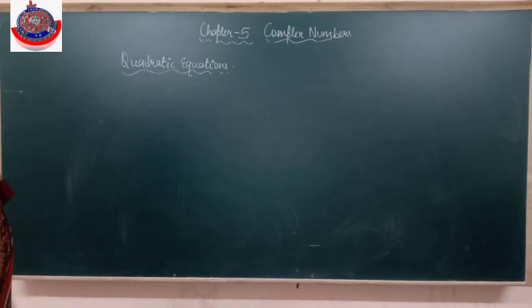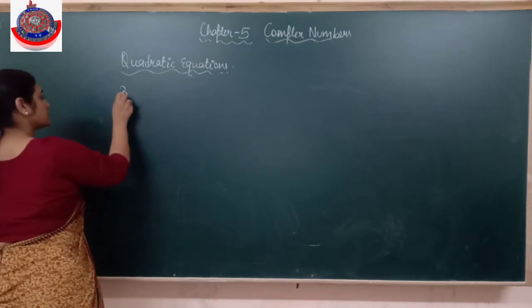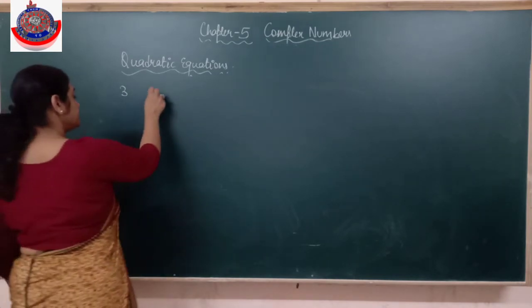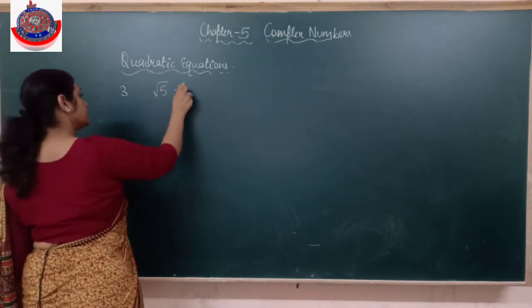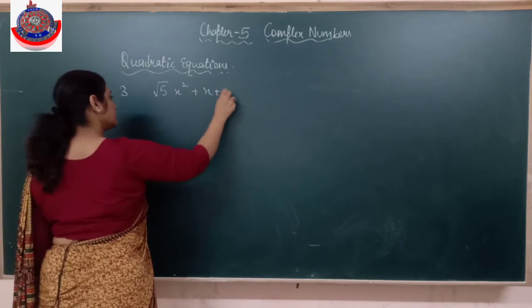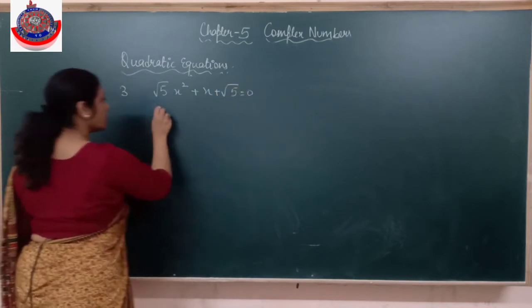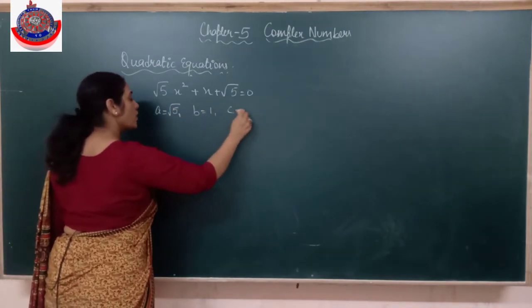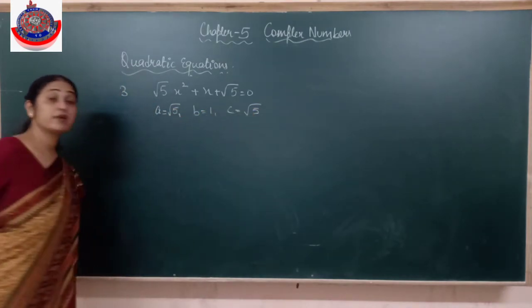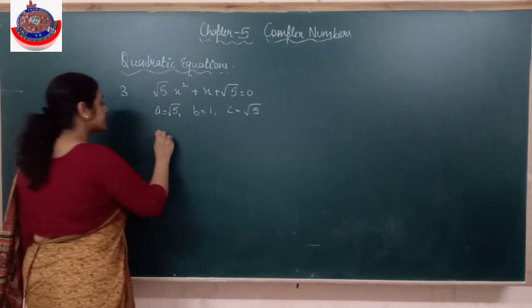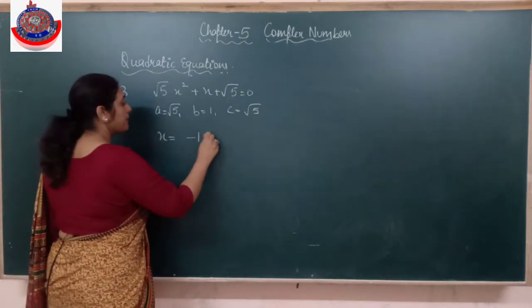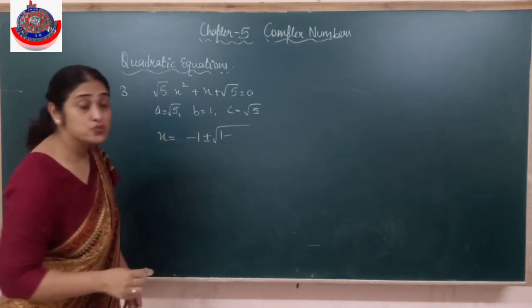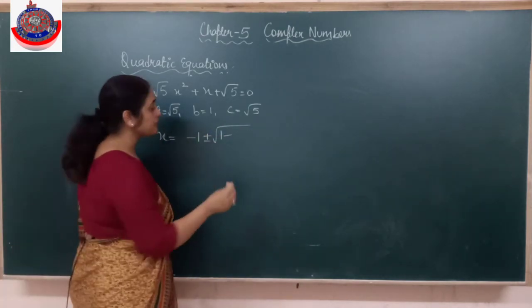Alright, so next I have to solve root 5 x square plus x plus root 5 is equal to 0. What is A? Root 5. What is B? 1. What is C? Root 5. So x is equal to minus b plus minus under root b square minus 4ac. 4 into root 5 into root 5, that is 4 into 5, so it will be 20.